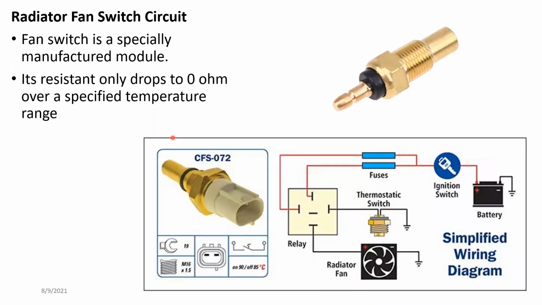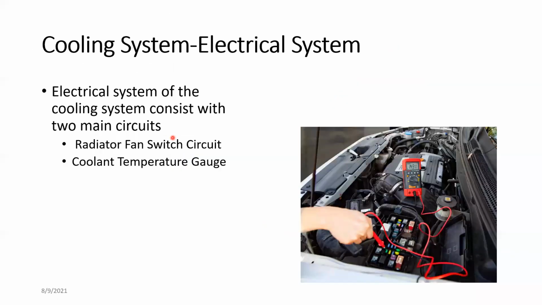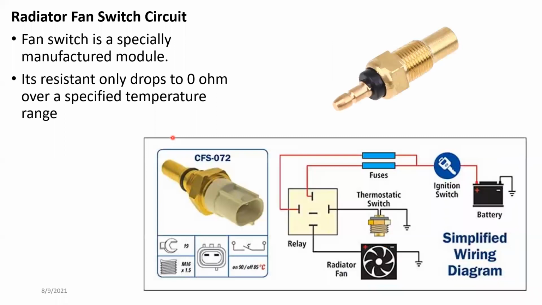So we'll move into the first one, the radiator fan switch. The radiator fan has a complete circuit just to switch the fan on and off. How it works is a very simple arrangement.